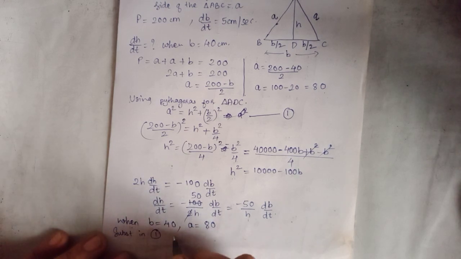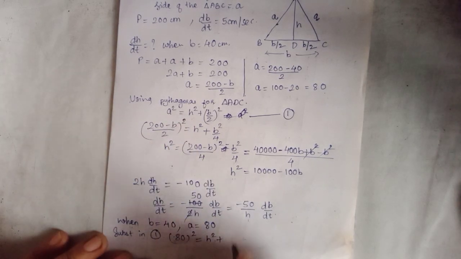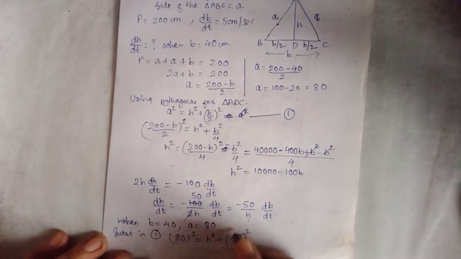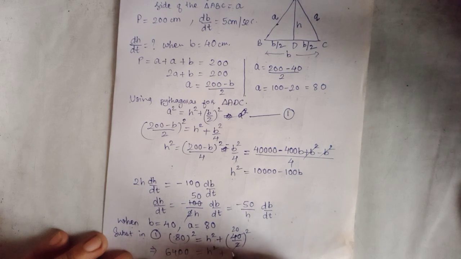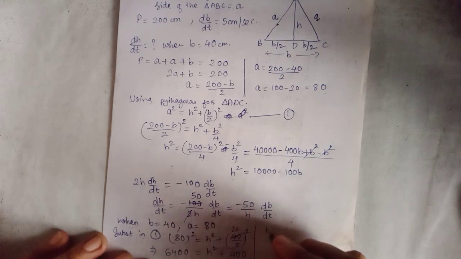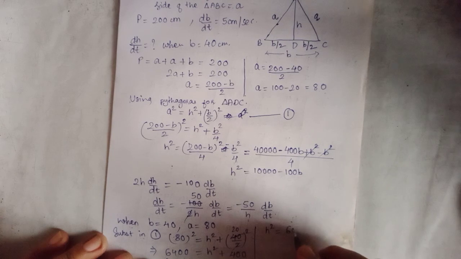So a square, 80 square, equal to, in this equation, h square plus (40 upon 2) the whole square. Okay, so this will be 20. So we'll get 6400 equal to h square plus 400. So h square is 6400 minus 400, 6000.